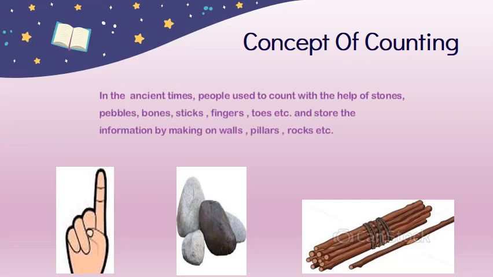But it was not possible to do calculations using this technique. Therefore, many different methods and devices were invented which could do fast and accurate calculations. Let us take a look at some of the earlier devices.